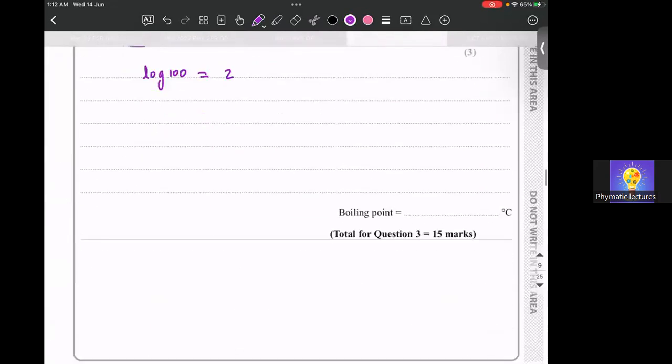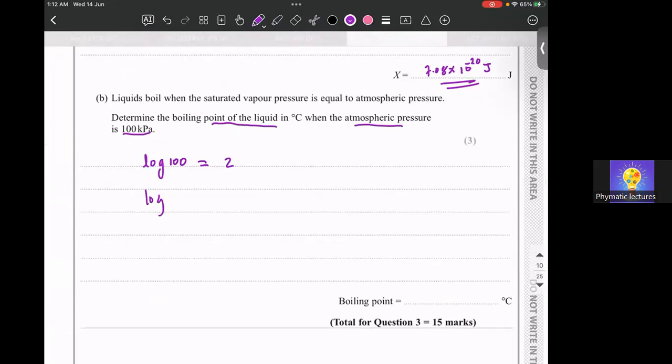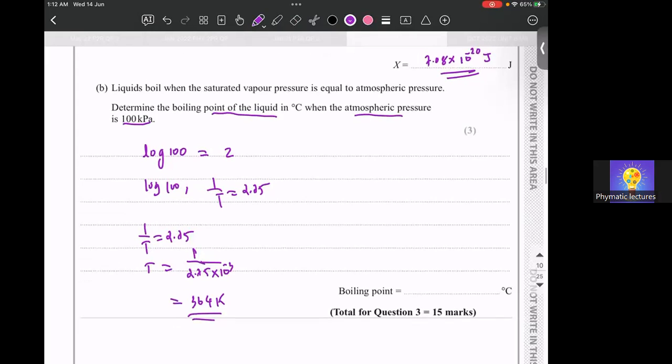So for log 100, the 1 by T value is 2.75. The temperature is 1 over 2.75 into 10 to the power of -3. So we will get 364 Kelvin.